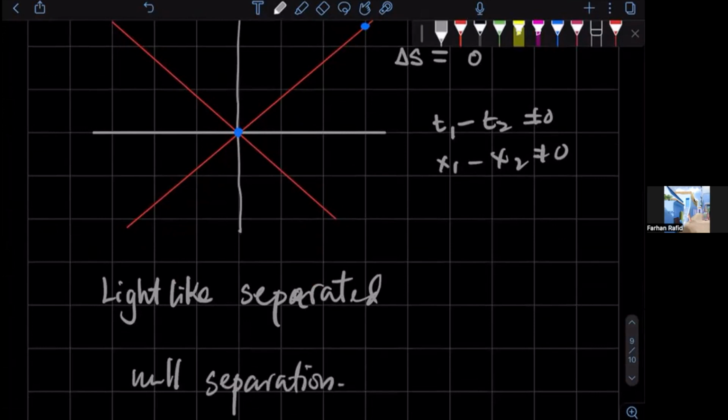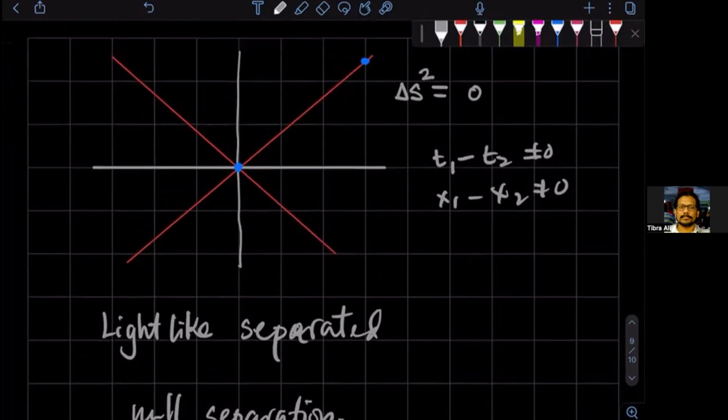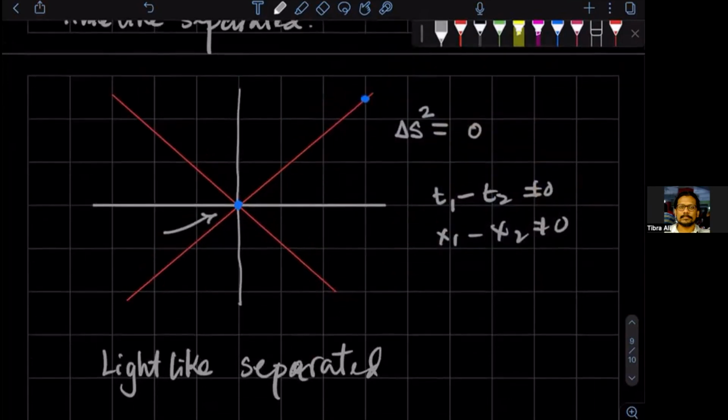Is it like the two events are happening at the same time? They're not happening at the same time, but if you could travel at the speed of light, then time would not elapse for you. As you can see, this is at time 0, and this is at a different time, but their separation is null.